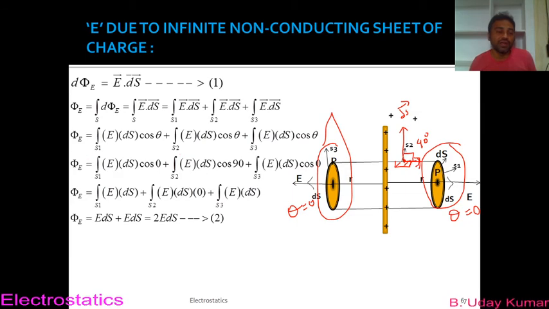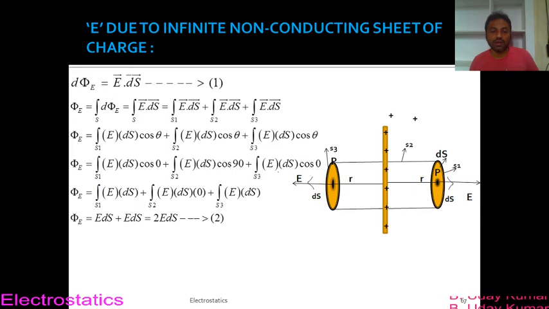In case of S1 the angle between E and ds is 0, hence in place of theta you get 0 here. Similarly in case of S2 the angle is 90 degrees, and in case of S3 the angle is 0 again, so substitute that. Once you substitute, you get this equation.